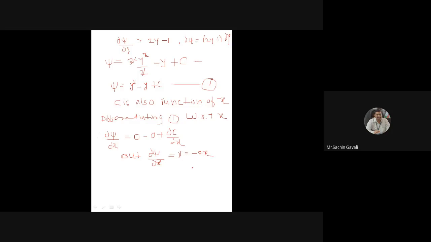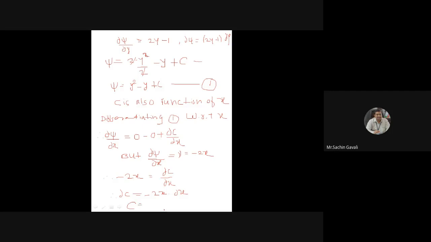Okay. Therefore, we can put this value minus 2x. Therefore, minus 2x is equal to dou c by dou x. Now we want to see. Therefore, dou c is equal to minus 2x dou x. Now integrating on both sides, we will get the value of c.